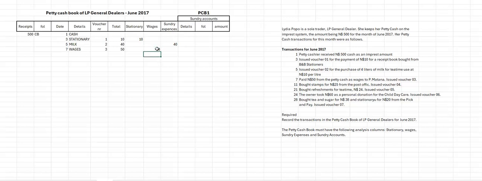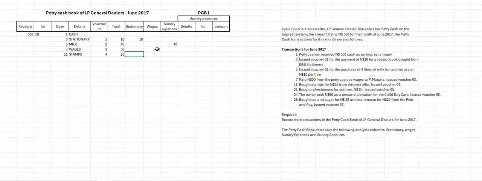Okay, then our next one is the 11th. We bought stamps for $25 from the post office, issued voucher number 4. So on the 11th, we bought stamps. So we say stamps. Okay, and we say we used voucher number 4, and our total for the stamps was... hold on, paid 50 from the petty cash. Sorry, it was $25.